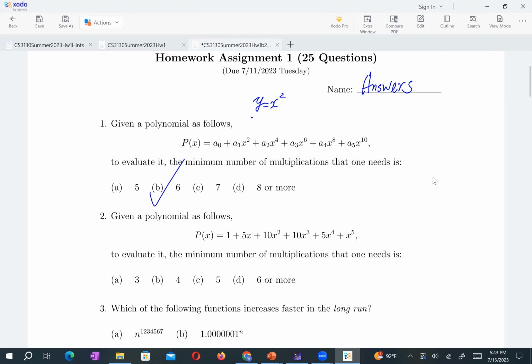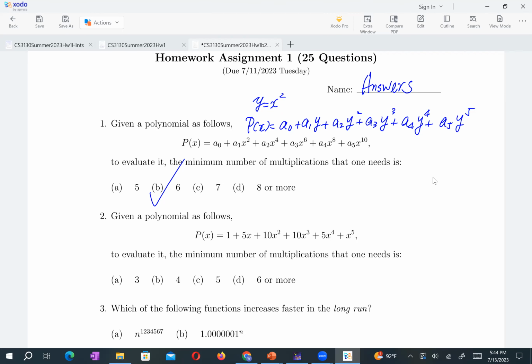Because in this way, we can write P of x as a0 plus a1y plus a2y squared plus a3y cubed plus a4y to the 4th plus a5y to the 5th.